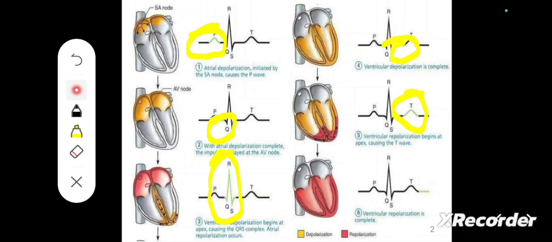So this picture shows you the normal activity in atria and ventricles, that is the depolarization and repolarization, recorded through the electrocardiogram, and we can check the normal activity. Any abnormality in that activity can be directly represented through these waves.